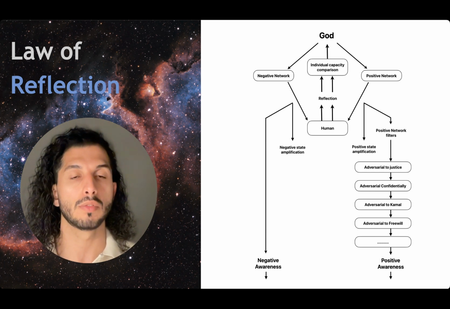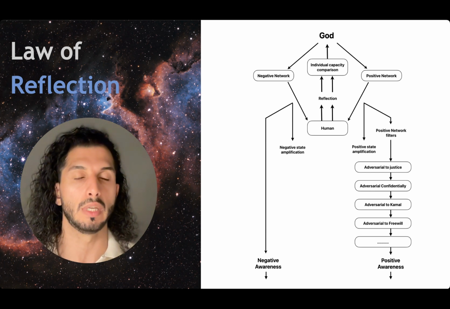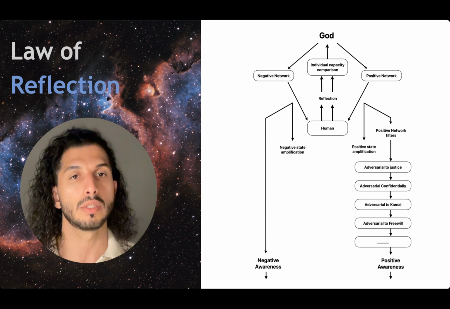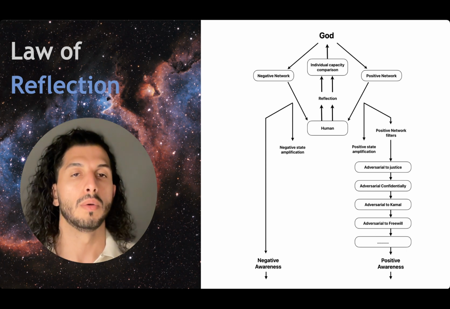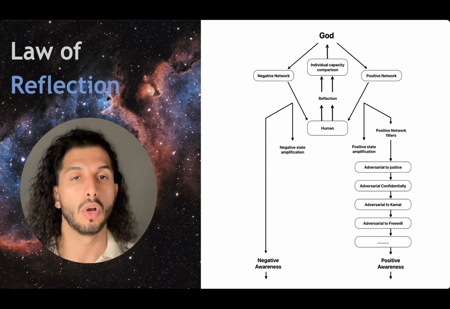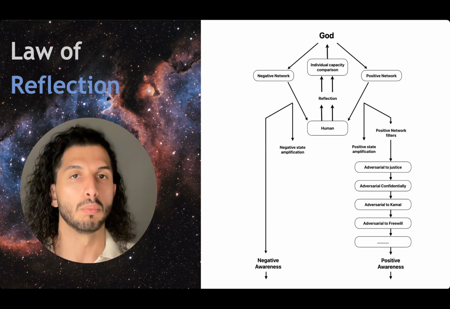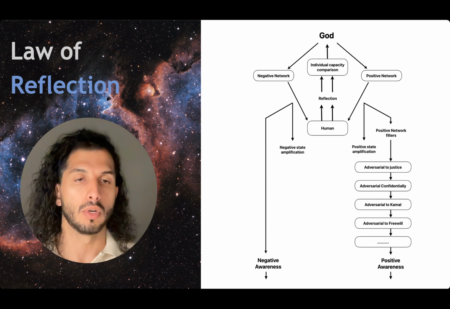The misguidance comes through the amplification of negative states, negative thoughts, negative actions, negative behavior, negative perception, and it creates a loop. That loop would basically get amplified and amplified, and bring more and more negative consequences.